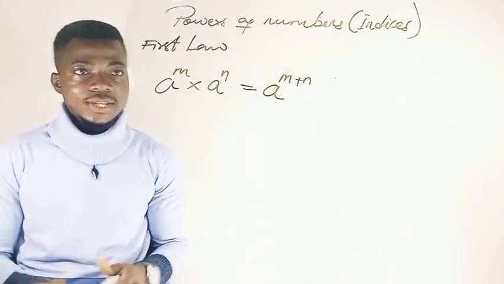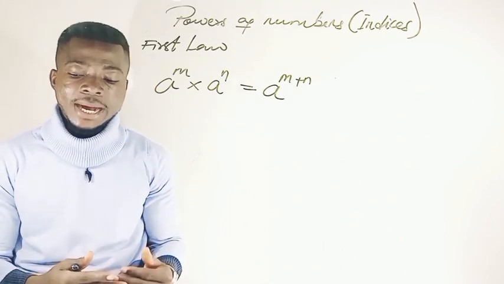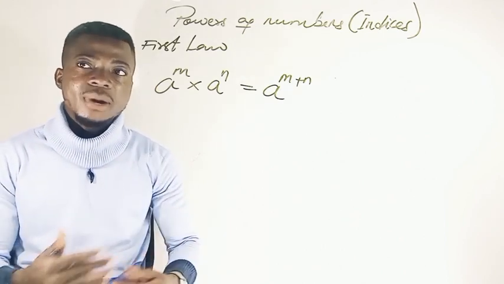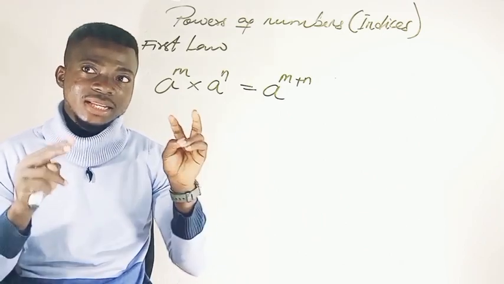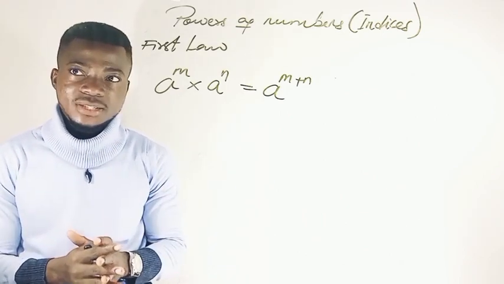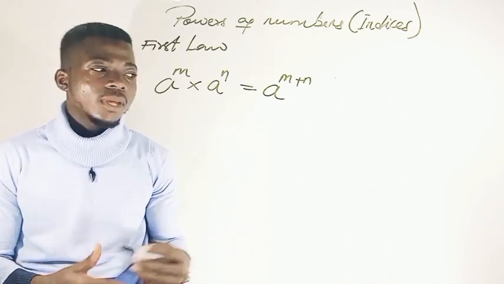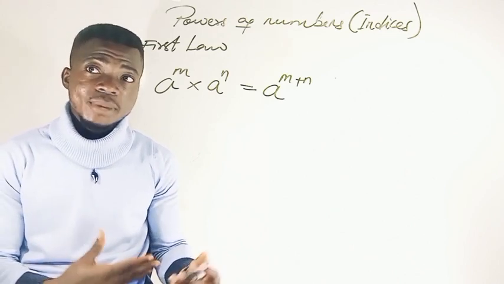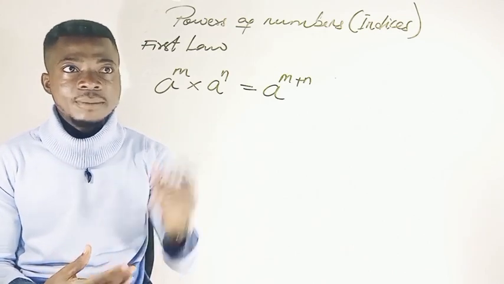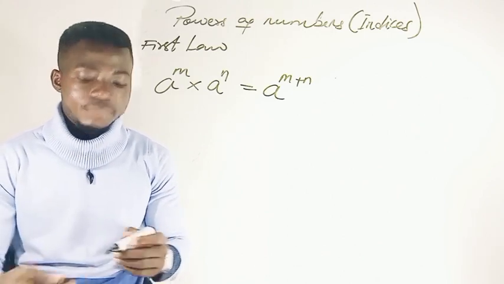So a raised to any power multiplied by a raised to any power is a raised to the sum of the exponents.